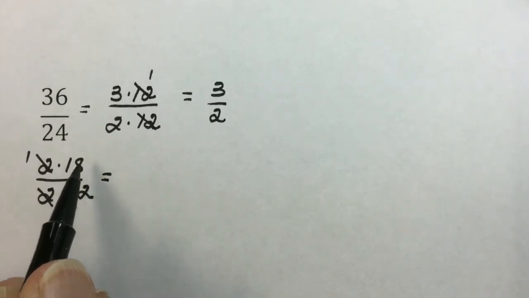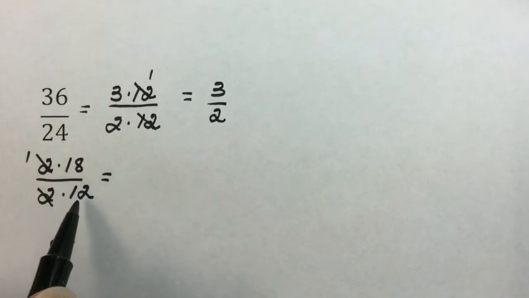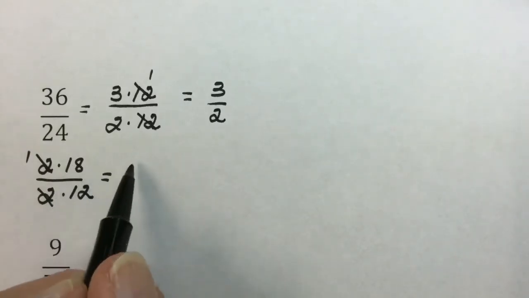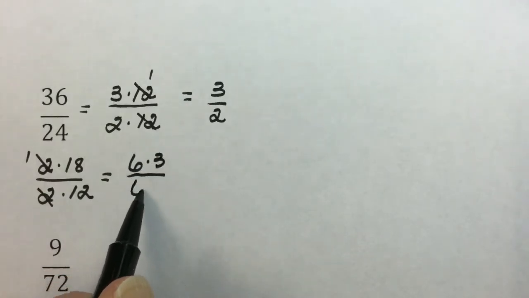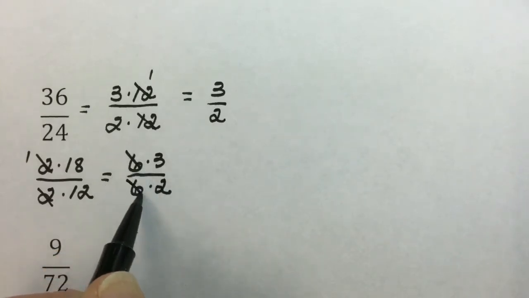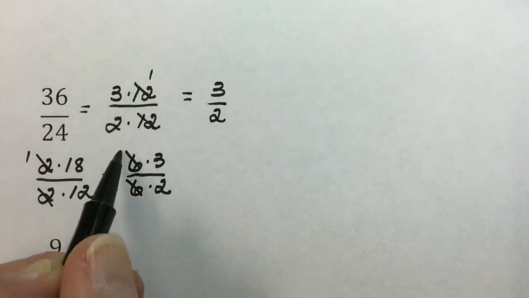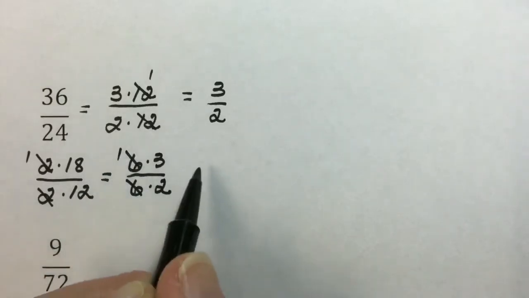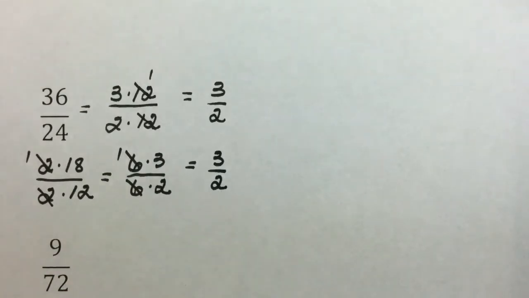Reducing this further, we could continue with 2 and common factors, or they may be small enough now that you recognize that each has a factor of 6. 6 times 3 is 18, 6 times 2 is 12, and here we have a common factor in the numerator and the denominator of 6, which results in 1, leaving us with 3/2 for an equivalent expression.